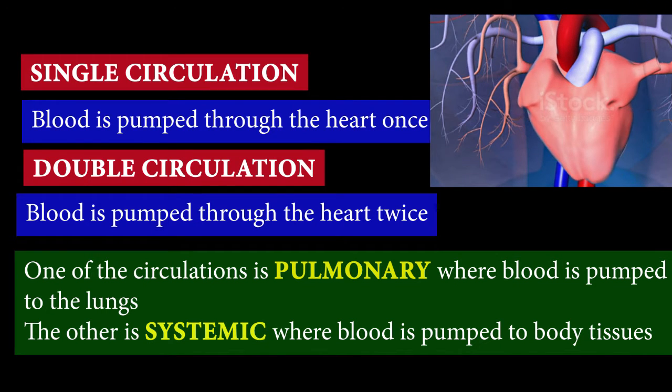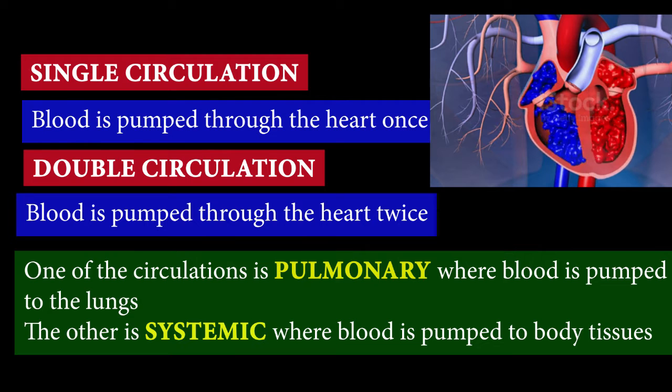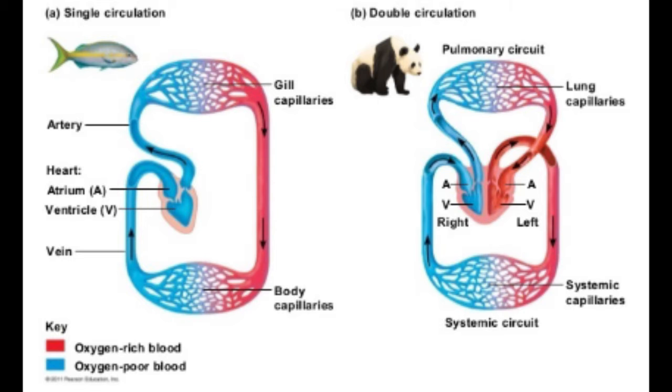Here, the circulating blood is pumped through the heart twice in one full circulation. The heart pumps blood to the lungs. This is the pulmonary circulation, and blood returning is then pumped to all parts of the body, and this is the systemic circulation. Double circulation is found to be better because it maintains blood pressure in animals, keeping them active.